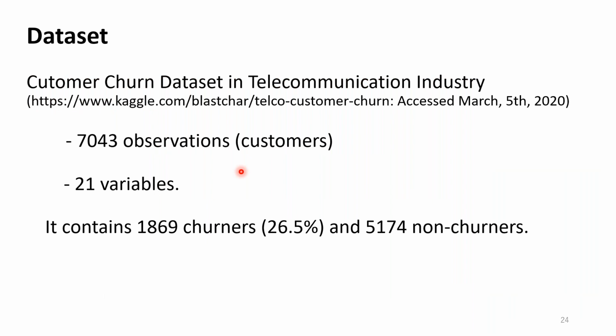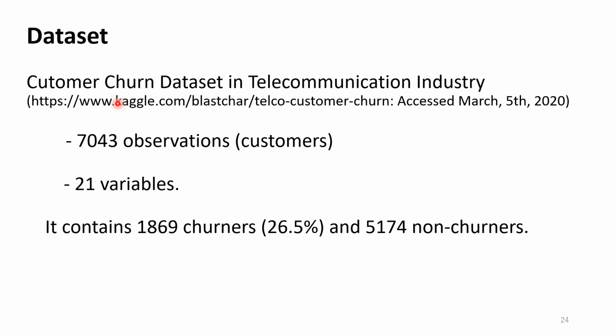So let's go into the process of analysis. First, let me talk about the dataset. The dataset used in this research is an open source customer churn dataset in the telecommunication industry, which we can retrieve from the Kaggle website, this URL. The raw data contains 7,043 observations and 21 variables.